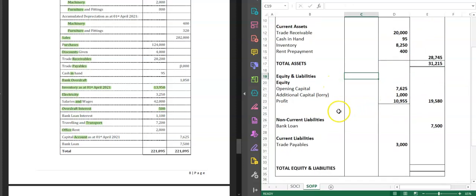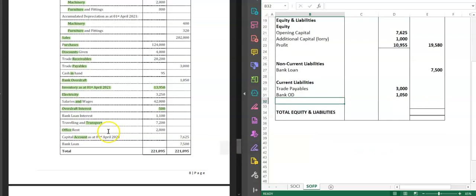So trade payables is 3,000, and bank. What else we have? Trade payables and bank overdraft. How much is the bank overdraft here? Bank overdraft is 1,050. Then what else we have?